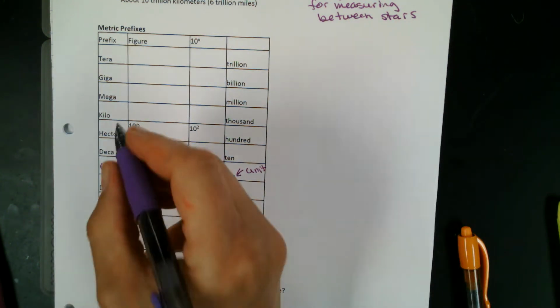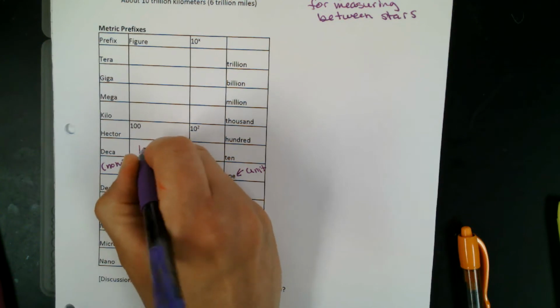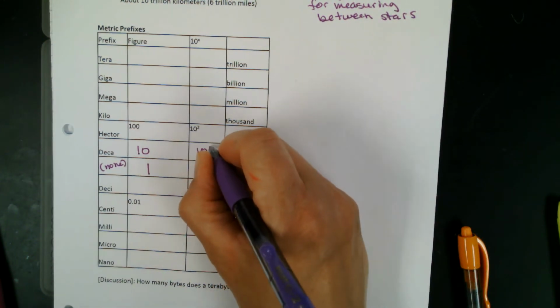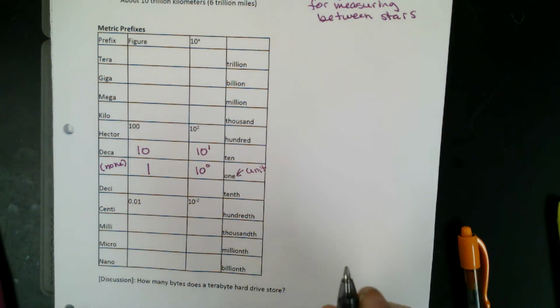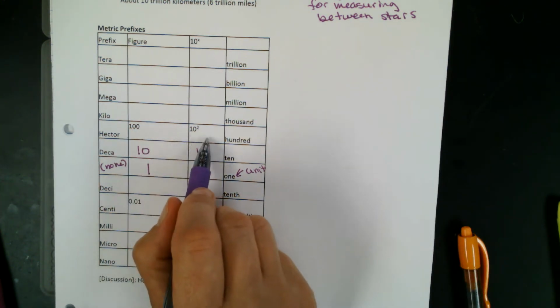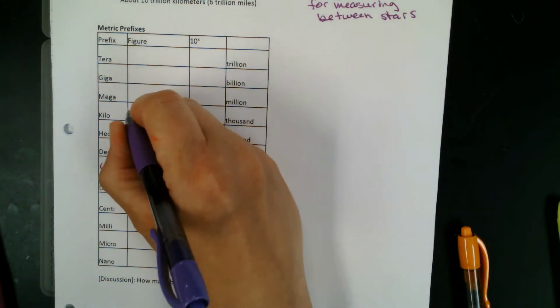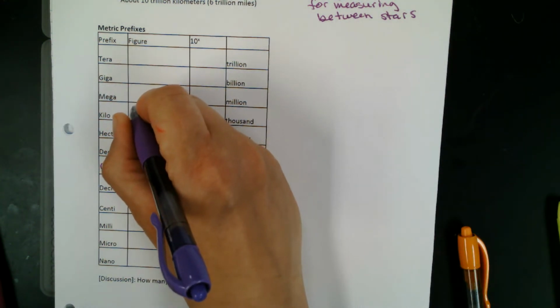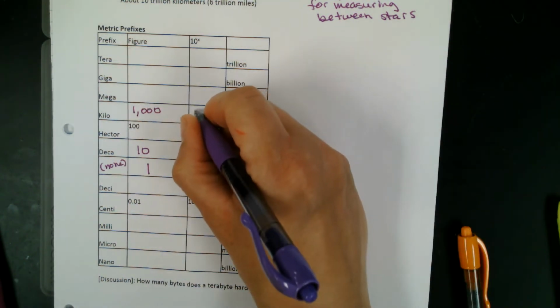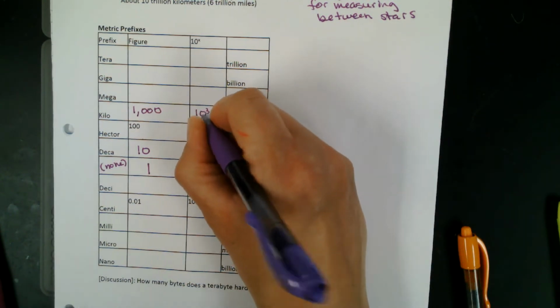Now, deca is 10, which is expressed as 10 to the 1. Hecto is 100, expressed as 10 to the 2. Kilo is 1,000, and we would say that's 10 to the 3. How did we get there?